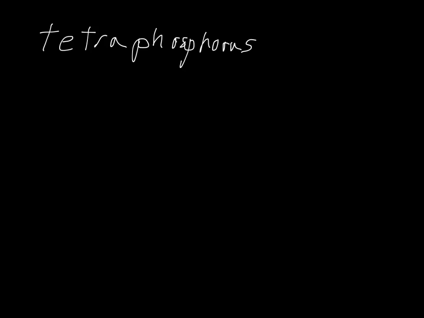Tetraphosphorus, and watch my spelling of phosphorus. I did actually live overseas for a while, and I lapsed into the Queen's spelling. Ah, good. I'm on the right side of the pond at the moment.